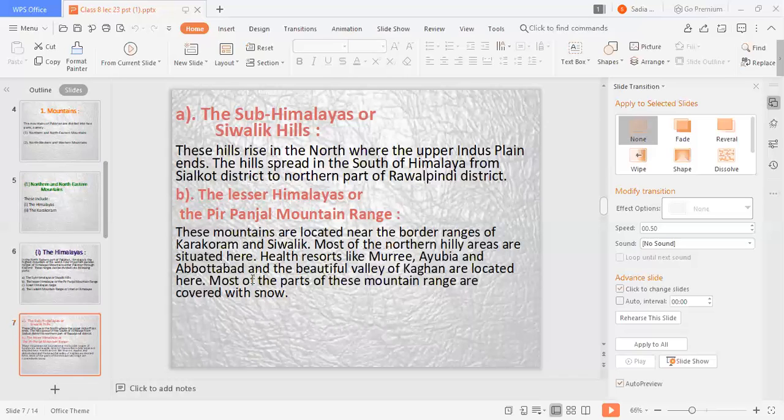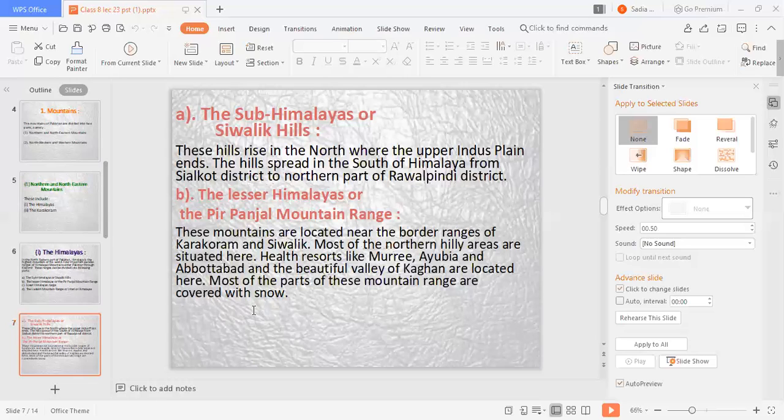So most of the parts of these ranges are covered with snow. तो ये जो mountain ranges हैं इनके ज़्यादातर parts जो हैं ये snow से cover हैं. यानी throughout the year or the maximum time of the year, these ranges are covered with snow. Is it clear? तो यहाँ पर क्या है, ये तमाम पहाड़ी सिलसिले.